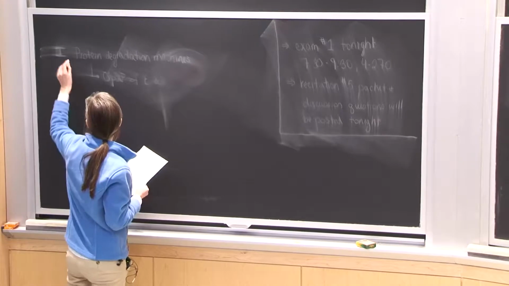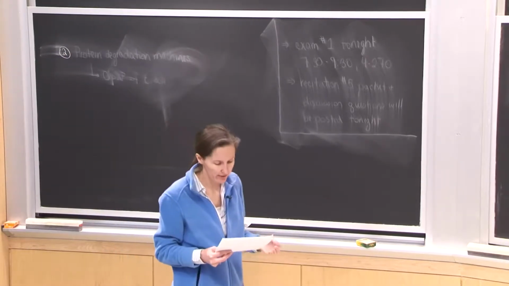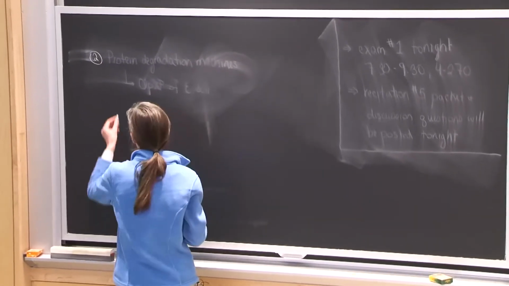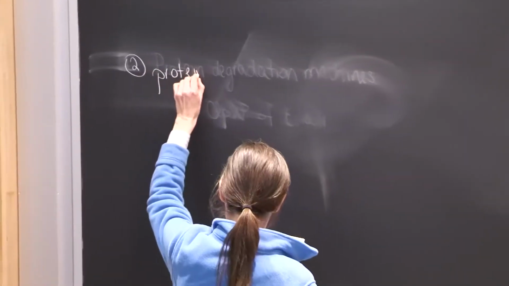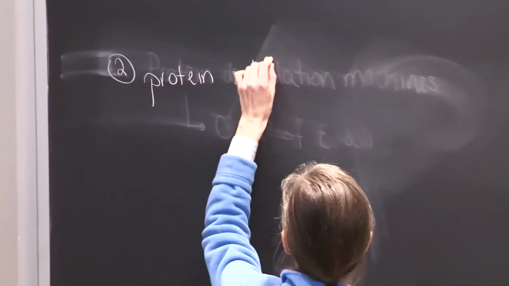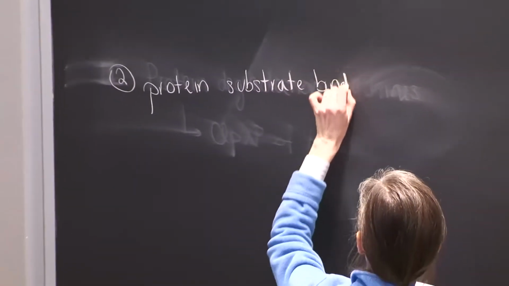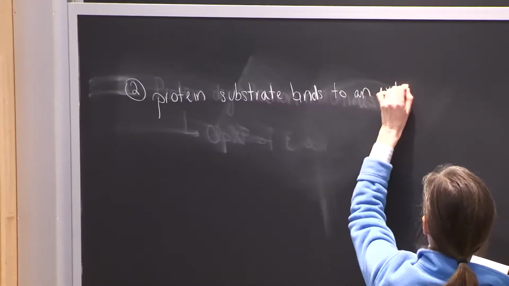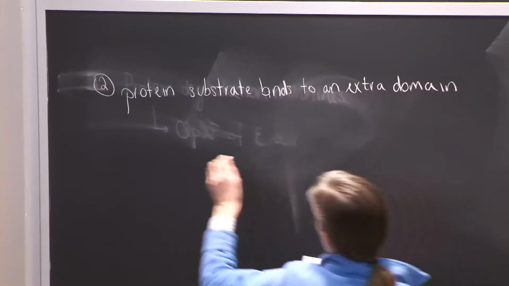Okay, so another possibility for how an ATPase could interact with a degradation chamber is that the protein substrate binds to an extra domain attached to the ATPase.